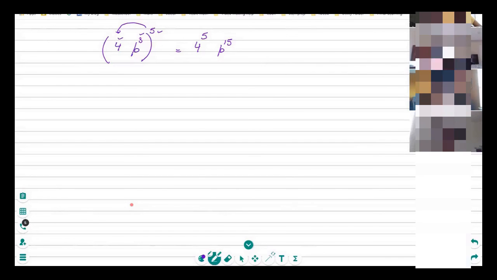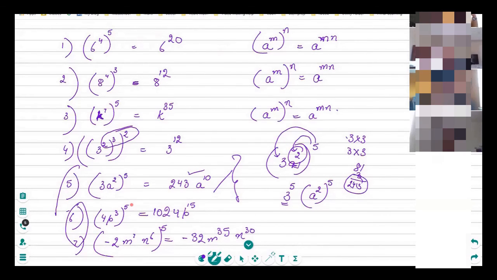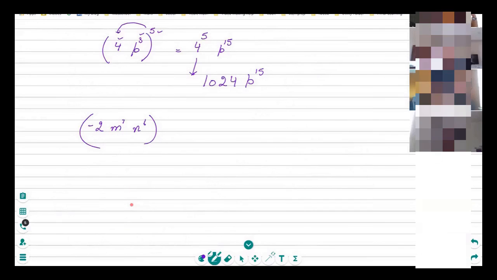Let me go on to the next one. Your next one was (-2m⁷n⁶)^5. Now, listen carefully. This power 7 is only for m. This power 6 is only for n.